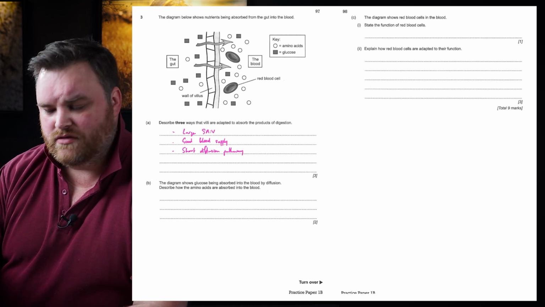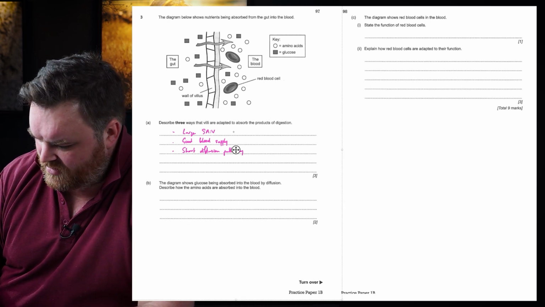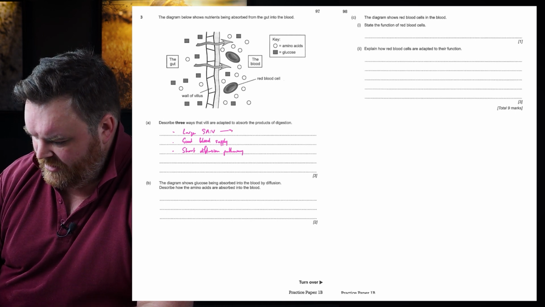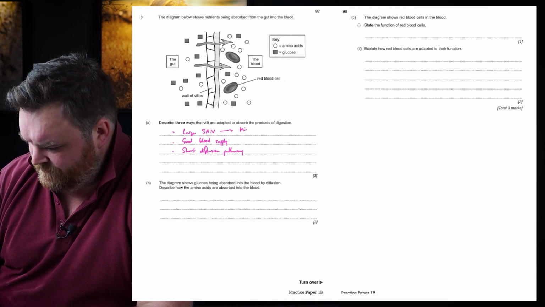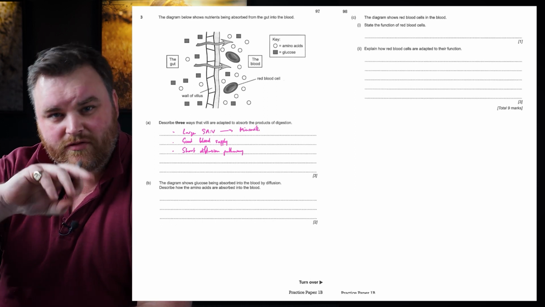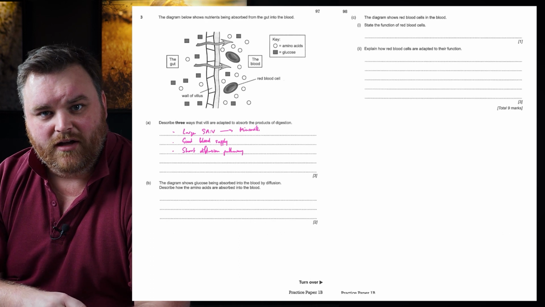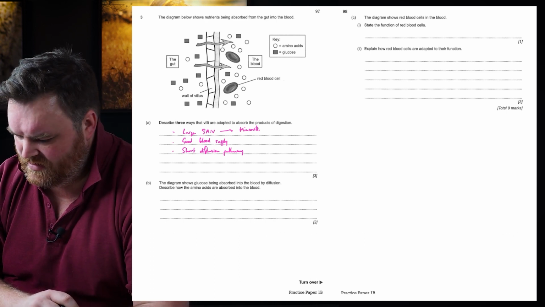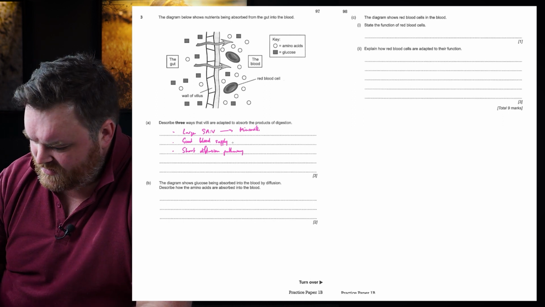Now, to be specific to a villus, we might want to expand on this large surface area to volume point. So we could talk about the microvilli. Those are the projections on the individual cells that make up the lining of the villus, so the single layer around the outside. The good blood supply, that's obviously capillaries.